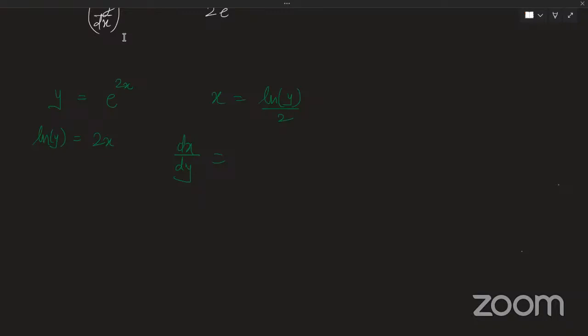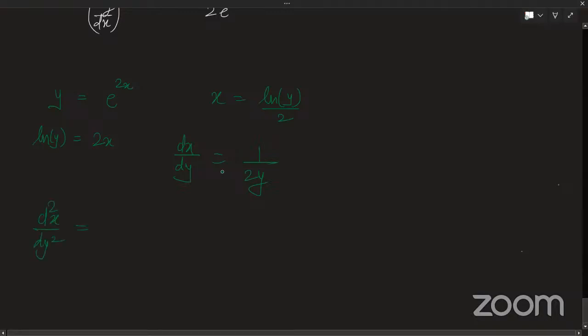It will be 1 by 2y, because differentiation of ln of y is 1 by y. So 1 by 2y.